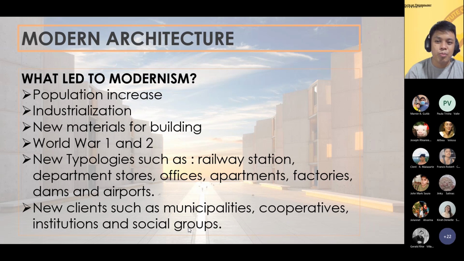So aside from the conflict that we had initially, katong conflict medyo ni-grow because of industrialization. And those World War I and II really affected the practice of architecture during this time. There were buildings that were damaged during the war, Gothic architecture and Romanesque architecture buildings.